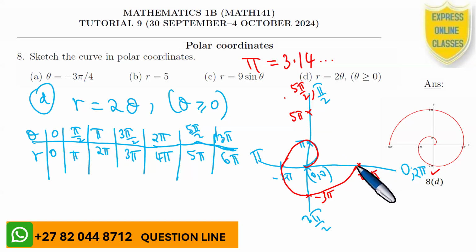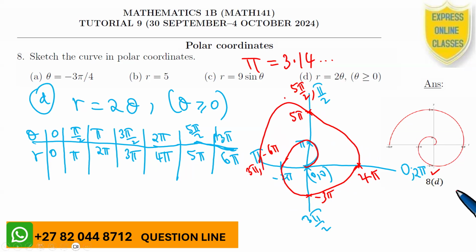Radius of 5 pi. 3 pi angle. Then you have a radius of minus 6 pi. Well, the radius is 6 pi, but this side is negative.